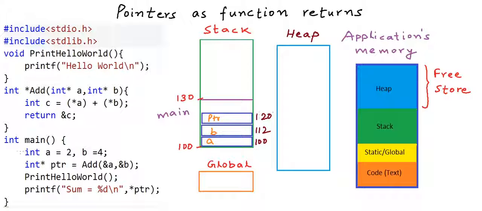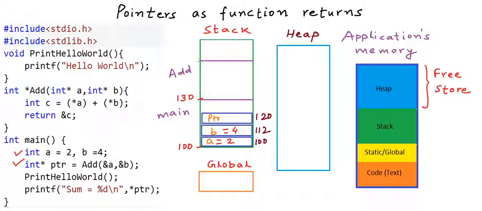Now when the main method comes to the line where it is calling the add function, its execution will pause, and memory will be allocated for the execution of add. At any time, whatever function is at the top of the stack is executing. The main method will wait for the add function to complete and return. So here I should say a is equal to 2, b is equal to 4, and now add comes here in the stack.